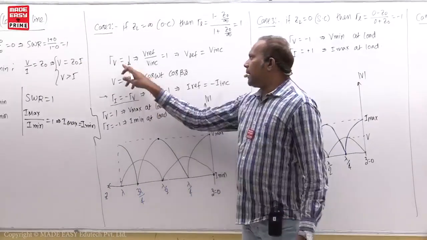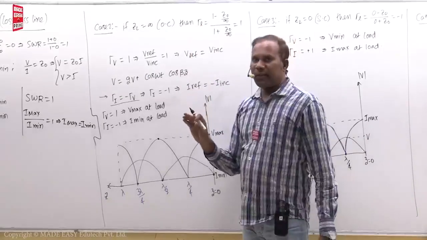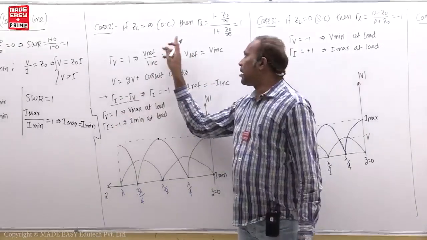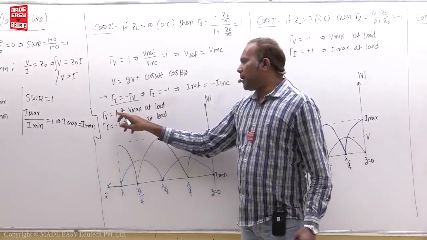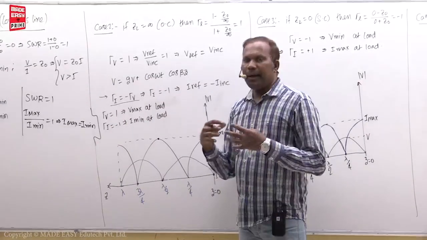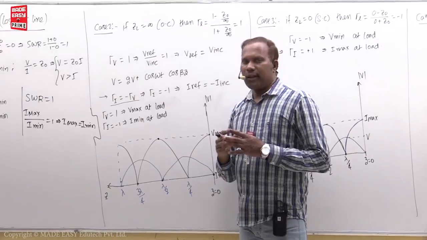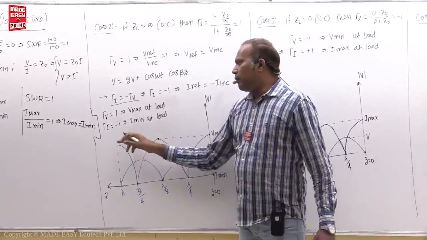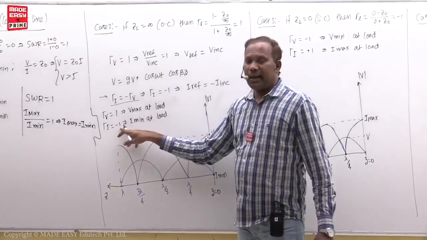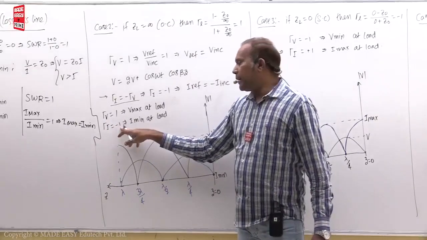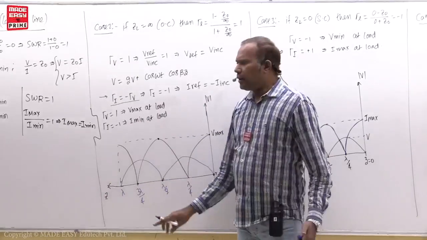Whenever gamma L, this gamma L is nothing but voltage reflection coefficient, or otherwise gamma V, is positive, positive means they add incident voltage and reflected voltage, you get maximum. Whenever gamma I is negative, they subtract the reflected current and incident current, then you get the minimum. No need to analyze.